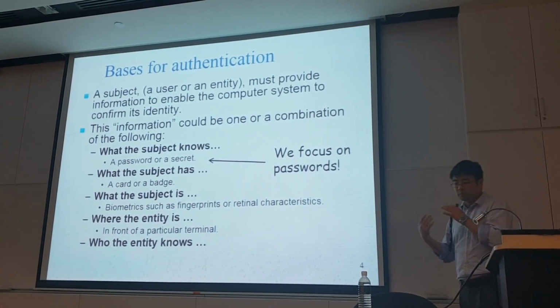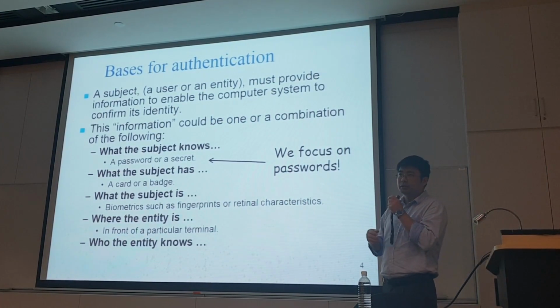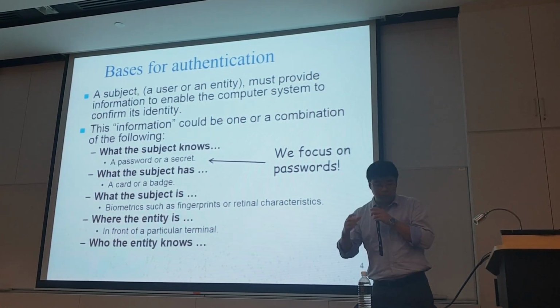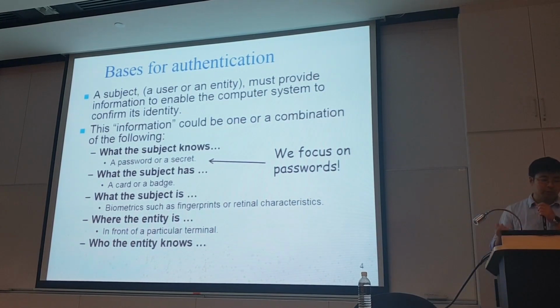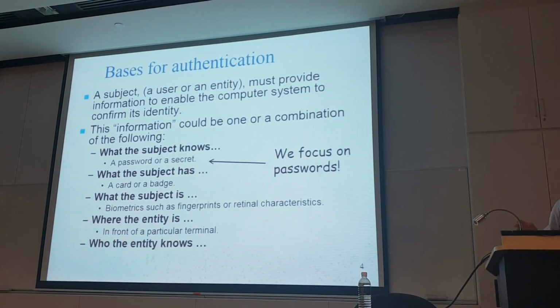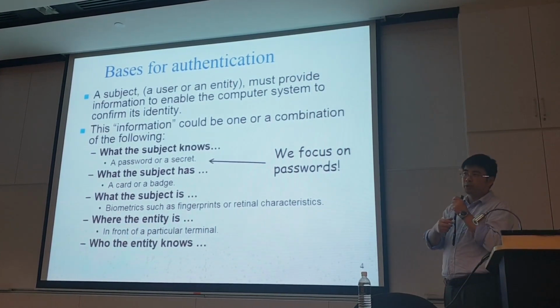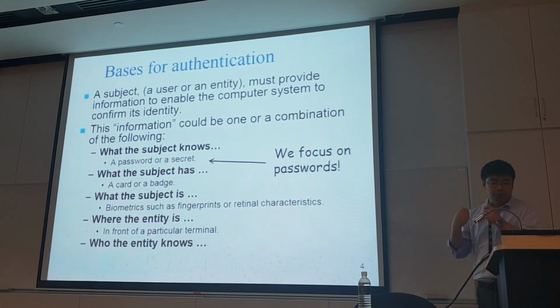Some other systems use a mobile phone. Like in Australia, we don't use this kind of hardware token, we use a mobile phone. Every time we want to log in, we type in our password, and then I will receive a one-time password through my mobile phone, and I can use it to log in.